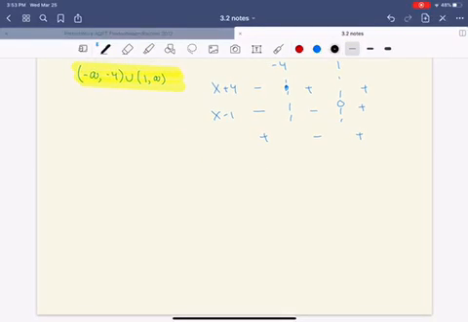Next problem. We're going to graph f of x equals -5 minus 3 natural log of x. Okay. So we're going to do this in pieces.